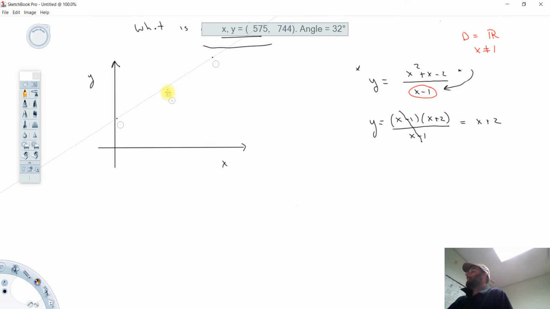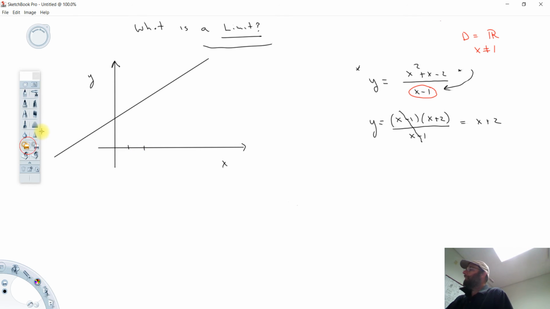The intercept is 2, so I want to put this up higher. There we go. And let's say 1, 2. Right above this, the function's not defined, so basically there's a hole in it. We're just going to put a hole in this graph.